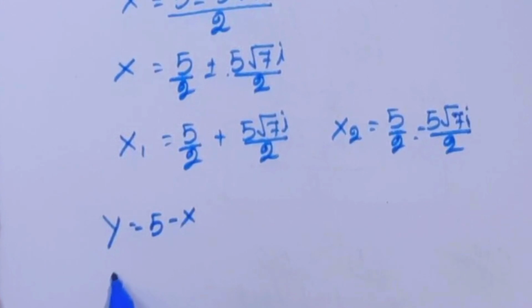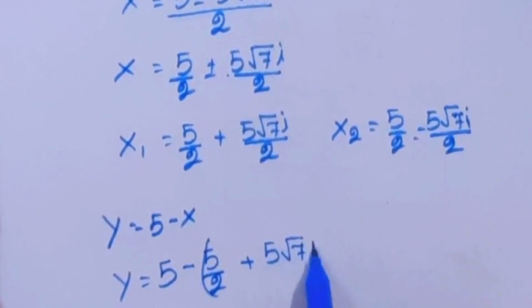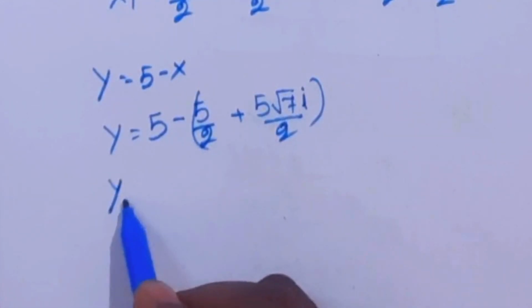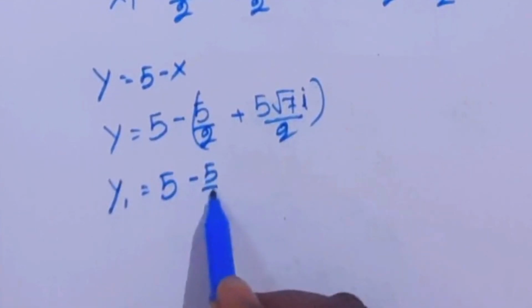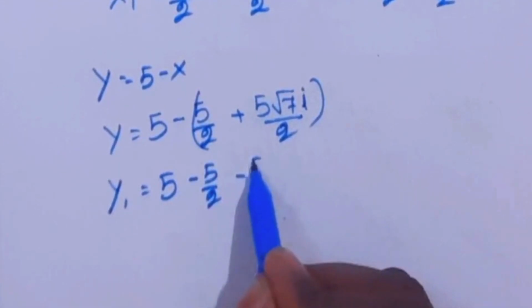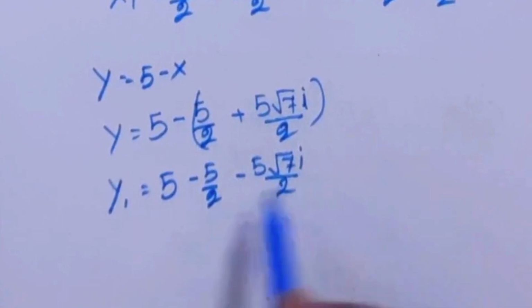So y equal to 5 minus 5 by 2 plus 5 square root of 7i by 2. Now y1 equal to 5 minus 5 by 2 minus 5 square root of 7i by 2.